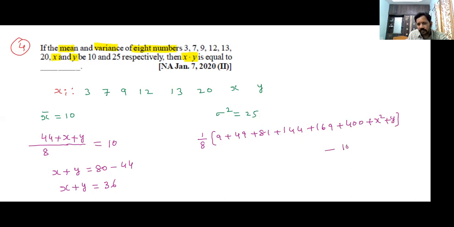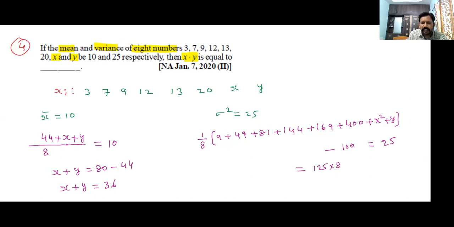Mean is 10, 10 square 100, that is equal to 25. This 100 send right hand side and 8 also send right hand side. So right hand side we get 125 into 8.